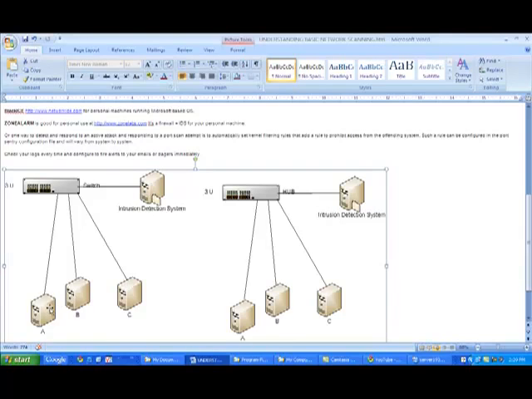Now if computer A started scanning the whole network, do you think my IDS system will learn about it? Most likely it won't. Why? Because this is a switch, and in a switch based environment, when you ping these computers and translate someone's IP address into a MAC address, your switch won't let the packet go to your IDS system. So the IDS system won't know what you are trying to do.